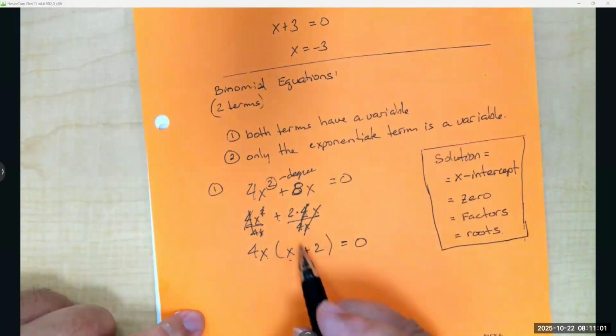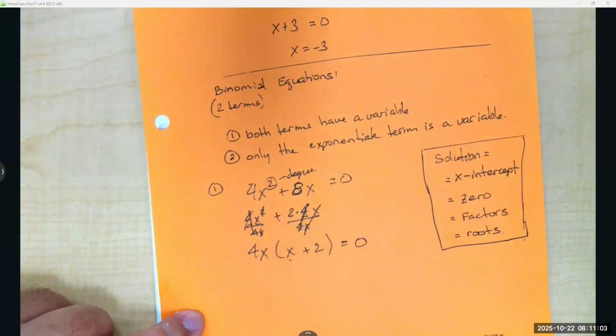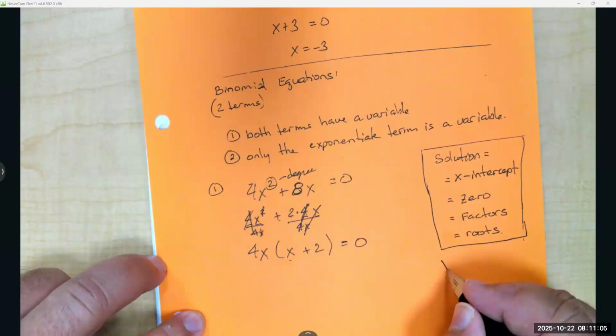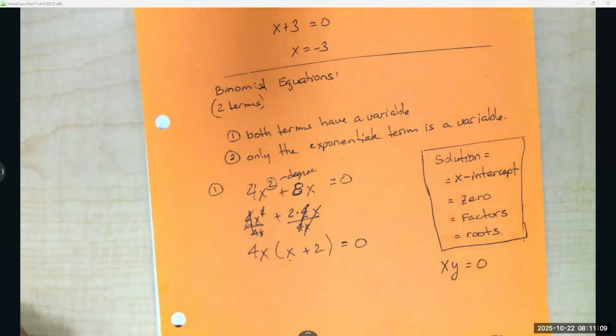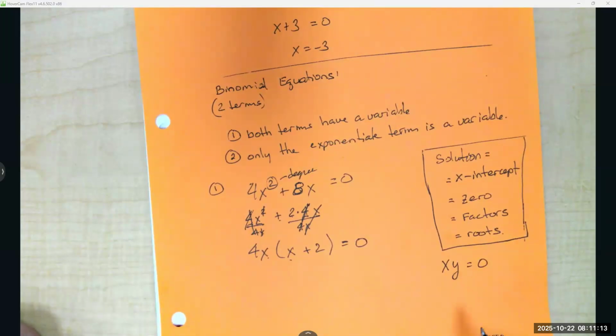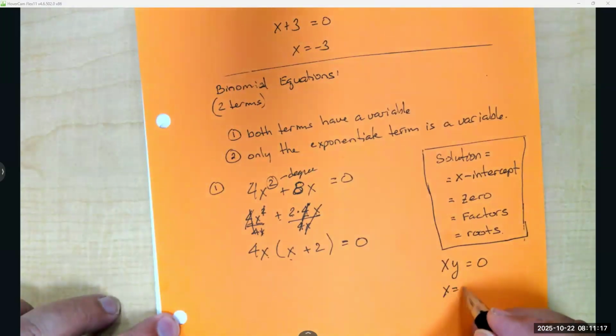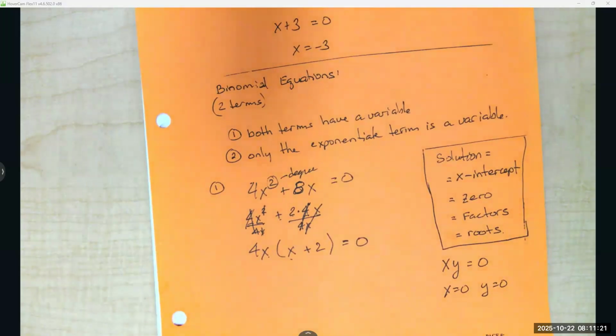Once we factor them out, what do we do? Well, by the zero product principle, whenever two numbers are multiplied together and they equal 0, what has to be true? Either one of them or both of them have to be 0 for it to be 0.